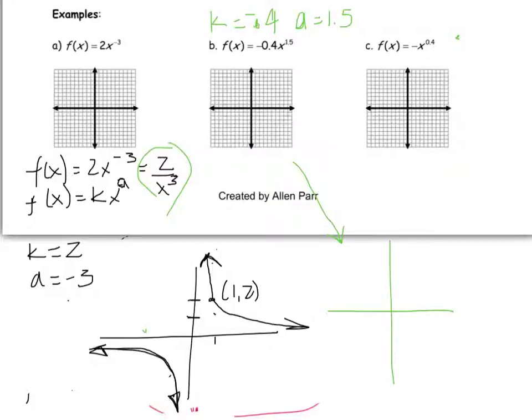It's going to be in quadrant 4, so it's going to go through the point 1, negative 0.4. And then, if I could flip it upside down, half of its graph is going to look like the right side of a quadratic. Now we have to decide whether this is an even or odd function.